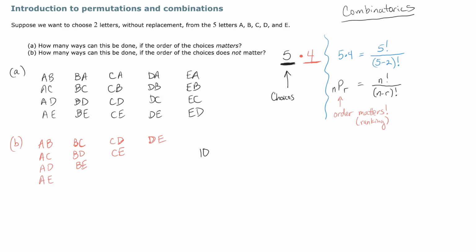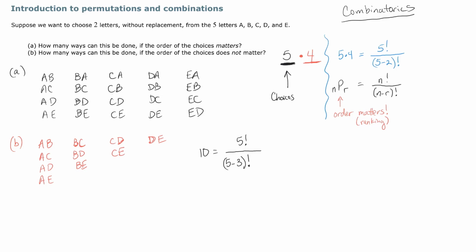And we are going to write 10 a little bit differently as well. So 10 here, we could write this as 5 factorial over 5 minus 2 factorial. Sorry, I meant 5 minus 3. That's a really important detail.